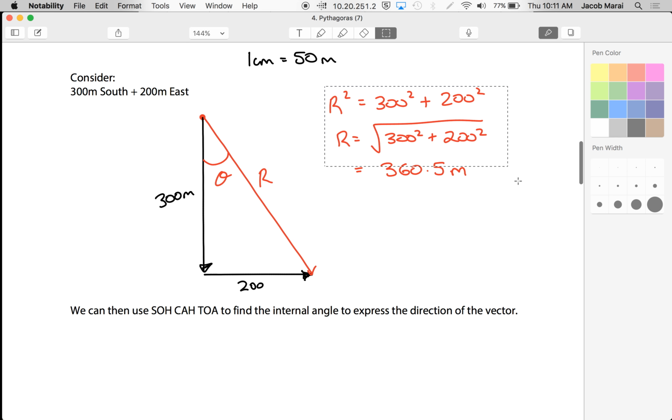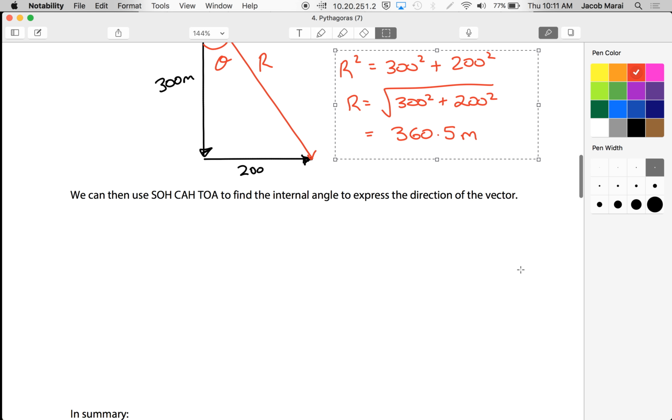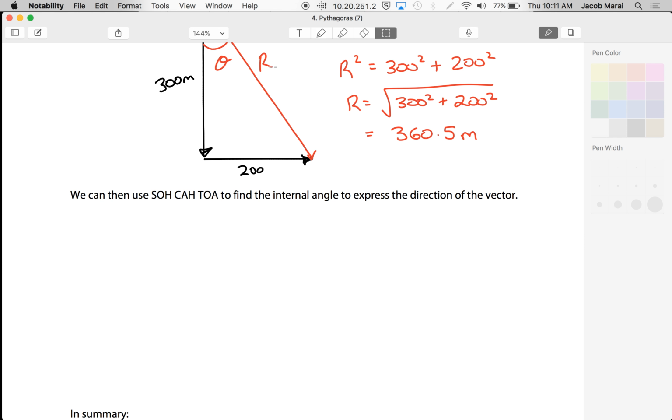In fact, I'll just put him down a little bit because then we can use SOHCAHTOA to find the angle. Now, we've just found the hypotenuse. So you could use SOH, you could use CAH, or you could use TOA. But normally, you've been given opposite and adjacent already. So use what you were given at the start. So let's use tan.